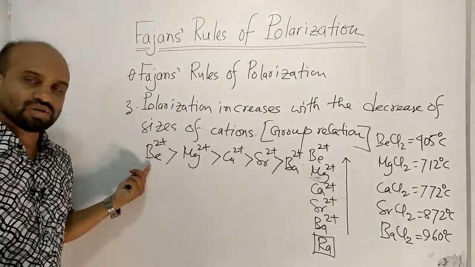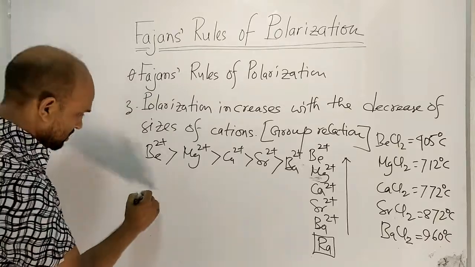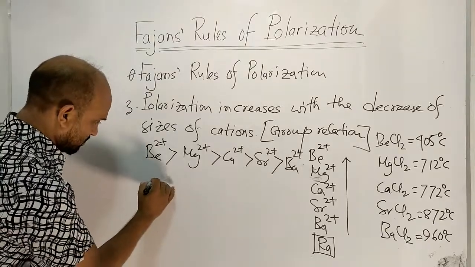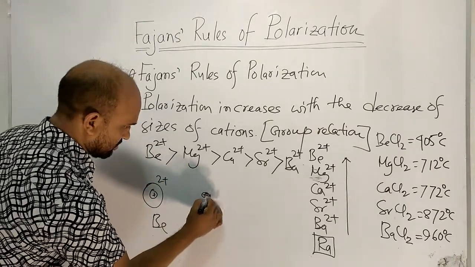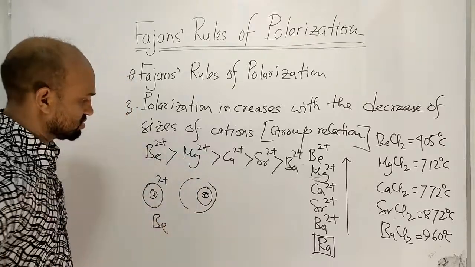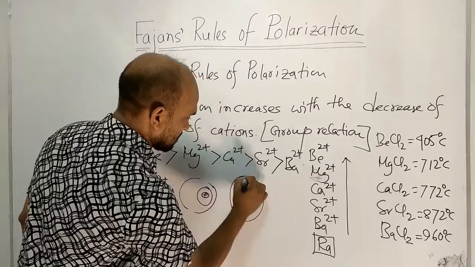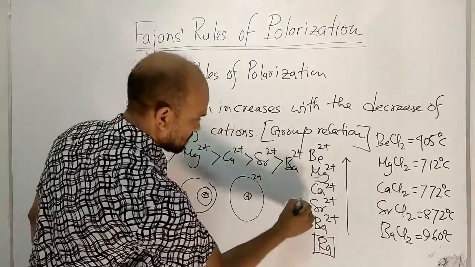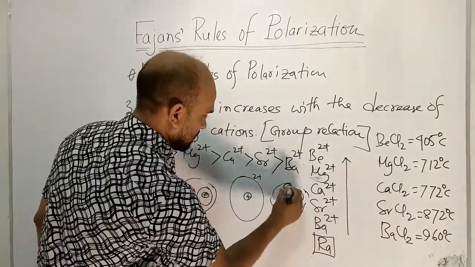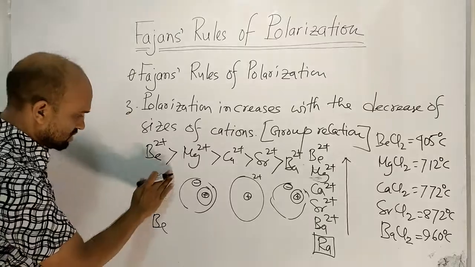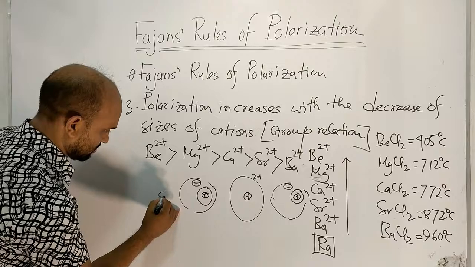Now let's see how here polarization is greater. This is barium 2 plus, and this is an anion. This is the electron cloud. Suppose this is barium 2 plus, which is larger in size, and this is the anion. This is the electron cloud, and this is the electron cloud. Here this is smaller in size, so it will be closer to the anion.